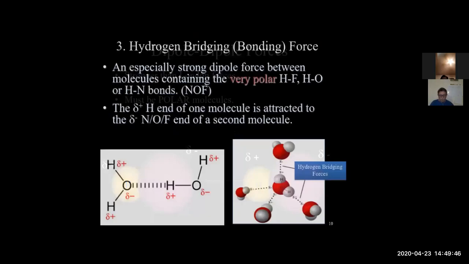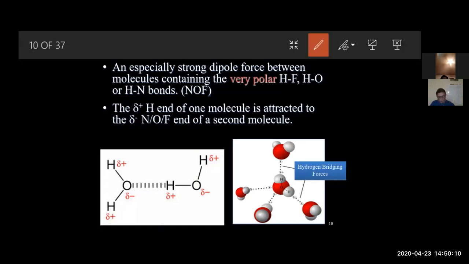Right. Now, the third type of the three is the strongest there is of these three forces. We call that hydrogen bridging forces, also noted as hydrogen bonding. Now, there is a dipole involved. If we look at the molecule of water here, we have a dipole there and a dipole there because oxygen is a lot more electronegative than hydrogen.